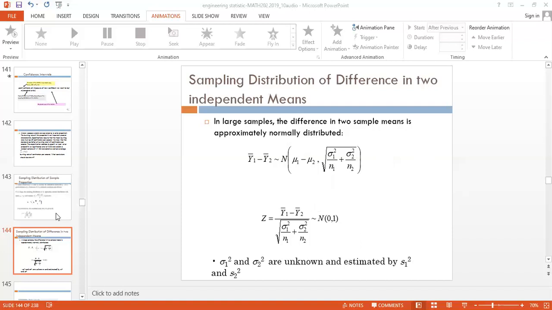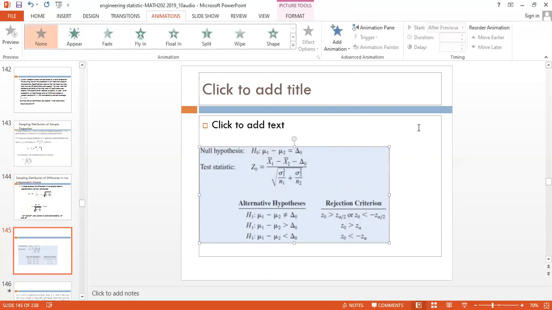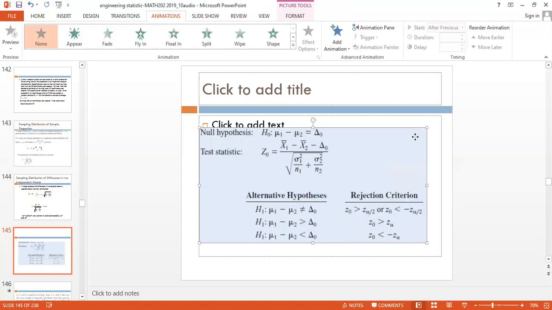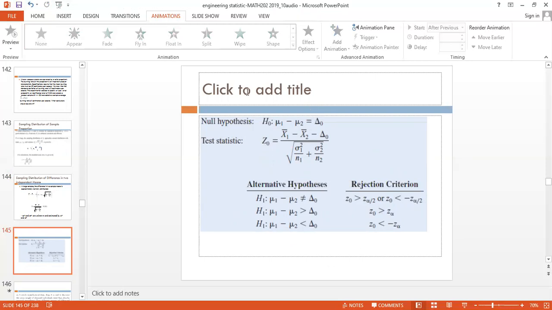So in very basic terms, to conduct hypothesis testing on the difference of two means, your null hypothesis is that mu1 minus mu2 is equal to a certain difference, or usually the difference is 0.